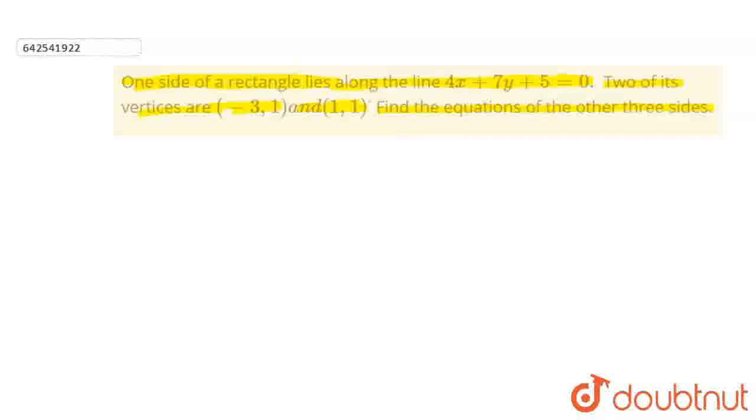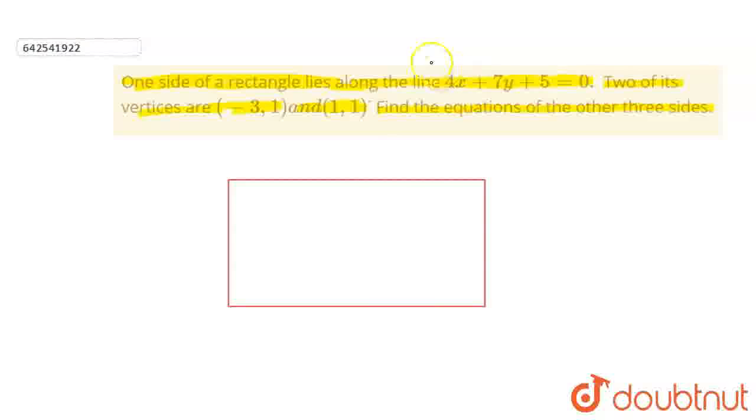Means we have a rectangle like this, and we also have a line 4x plus 7y plus 5 is equal to 0, and the line lies on one of its sides like this.